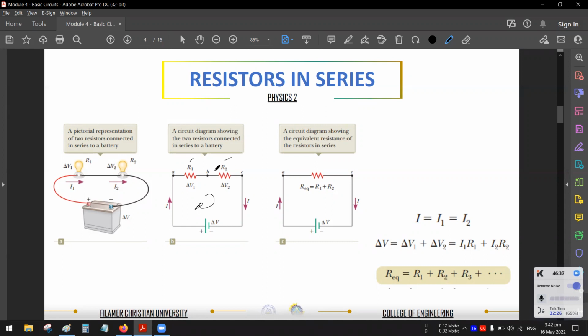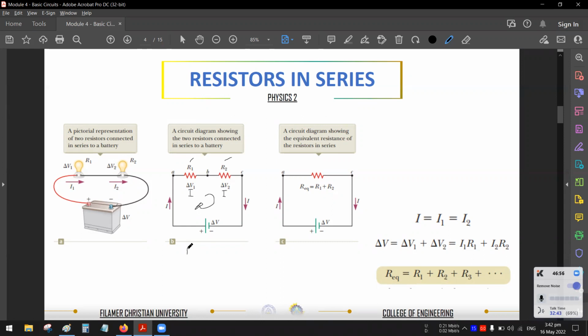And here in our circuit, the currents are the same in both resistors. Meaning the current in resistance 1 is just equal to the current in resistance 2.